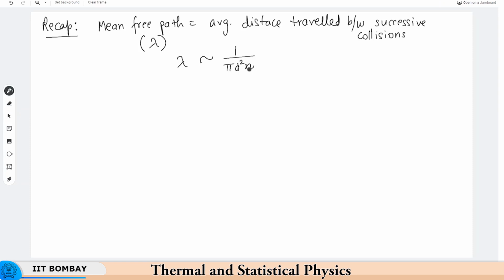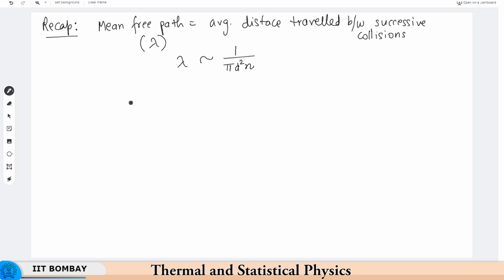As you increase the density of gas molecules, it's very natural to see that the lambda will go down. And so does it if you increase the size of your molecule, there will be more collisions and your lambda will go down again.